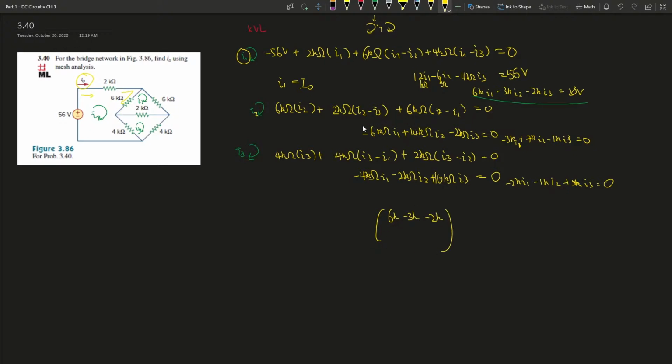Then move on to the next one. I'm pretty sure this is correct: negative 3k, 7k, and negative 1k. The next one is negative 2k, negative 1k, and then 5k. Multiplying by I1, I2, and I3, it equals 28, 0, and 0.